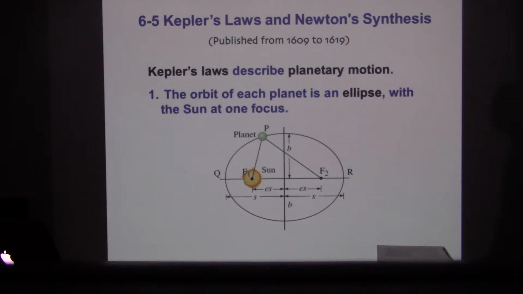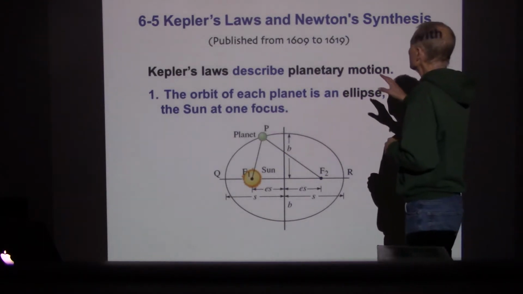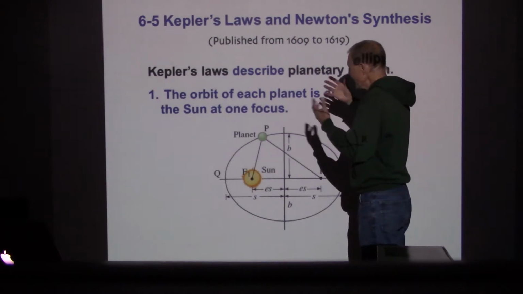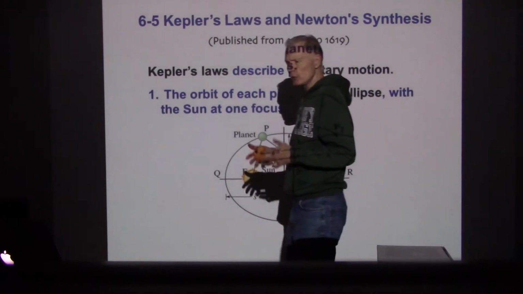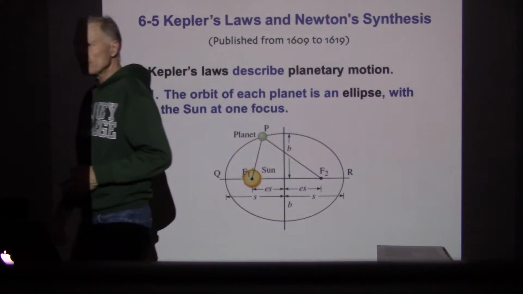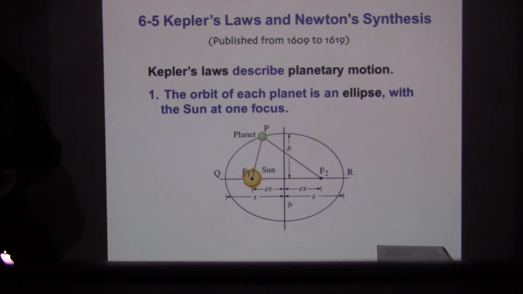But, just to give some historical perspective here, planetary motion has been an issue that's gone on for thousands of years. People have been following the planets. When you look at the night sky, stars just look kind of the same all the time.